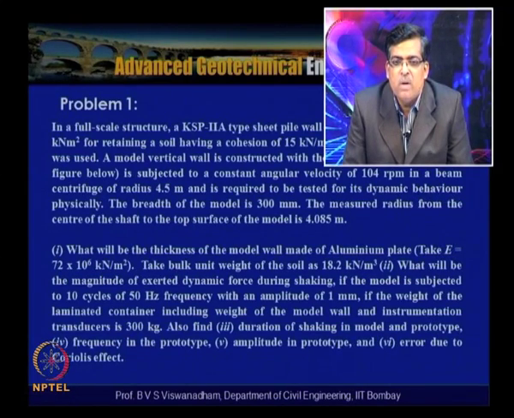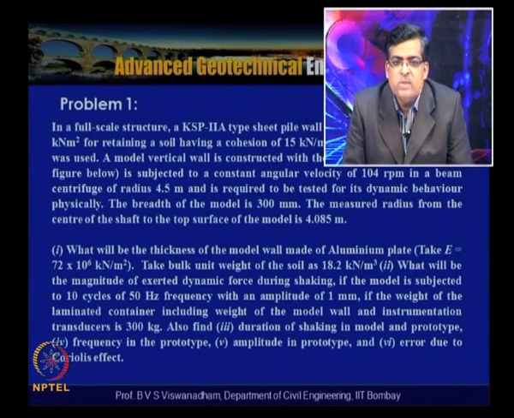The weight of the laminated container including the model wall and instrumentation transducers is 300 kg. Also find the duration of the shaking in the model and prototype, the frequency in the prototype, the amplitude in the prototype, and the error due to Coriolis effect.